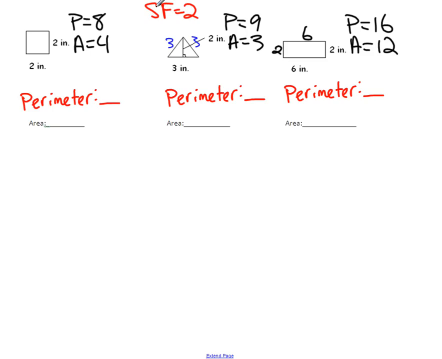So we could either just double it and say 8 times 2 is 16, or we could actually draw the shape, and if we doubled the lengths of the sides, it'd be what? 4. And we get a perimeter of 16. Okay? How about the area of our new shape?